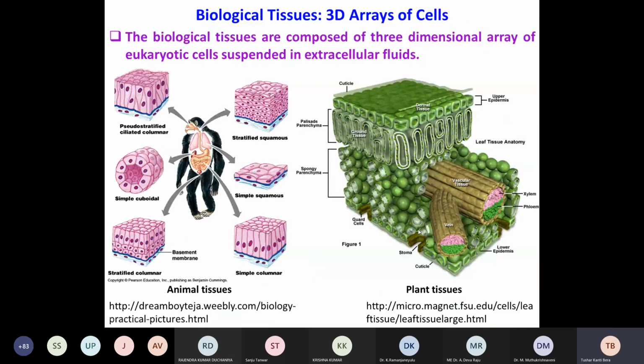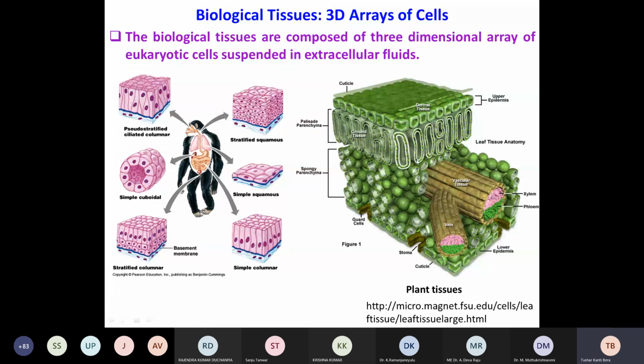If we take any isolated tissue section and put that tissue under a microscope, we will see that several cells are arranged in a three-dimensional nature so that they develop a 3D structure. It is true for animals as well as for plants. Whenever we cut any tissue section and put it under the microscope, we will see a three-dimensional array of cells developing the tissue structure.